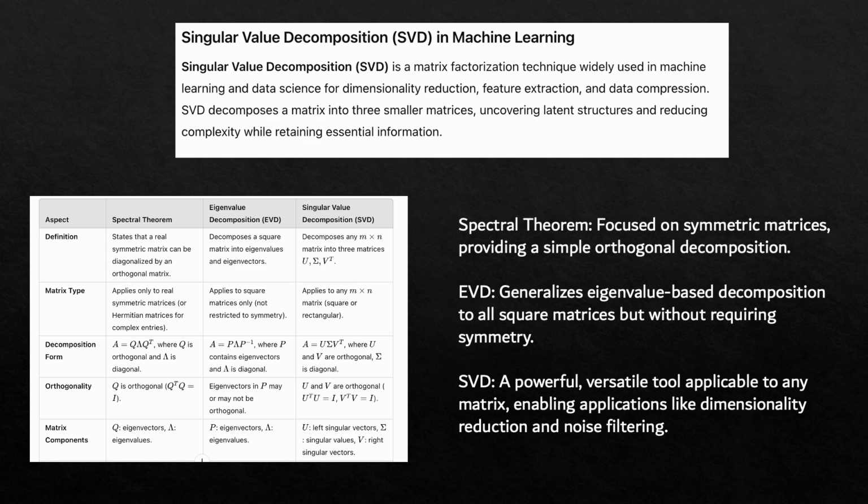Similarly, eigenvalue decomposition is for a square matrix, not essentially just for symmetric matrices, unlike the spectral theorem. Here the decomposition of matrix A is in the form of P D P inverse, and we spoke about P inverse in the previous video.